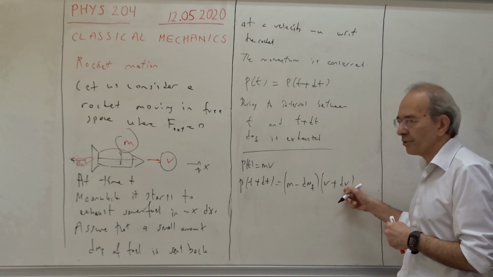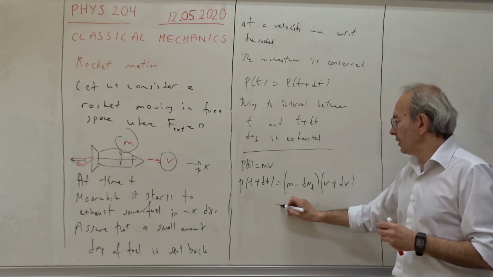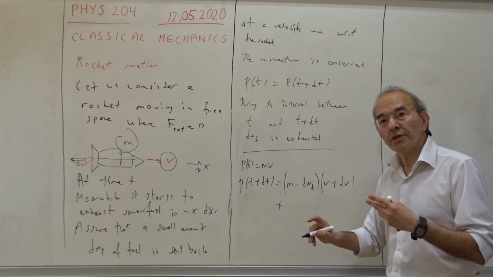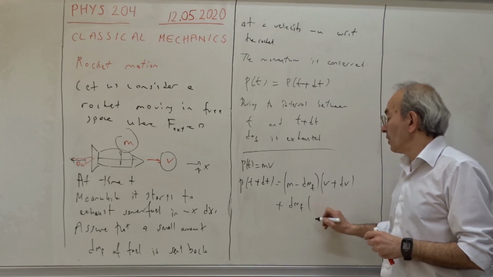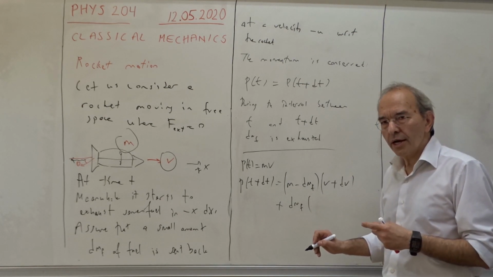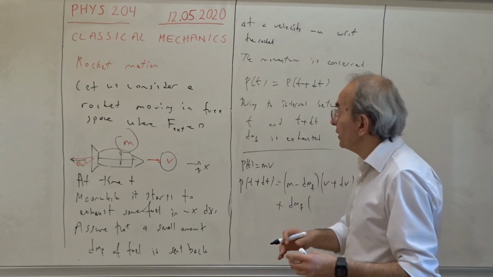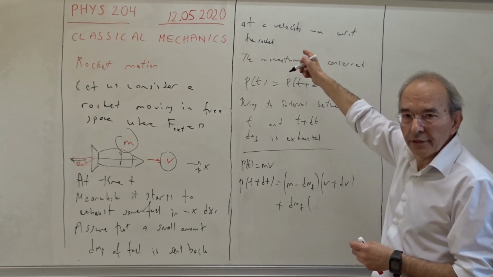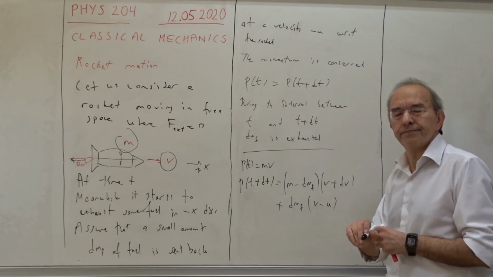We don't know the amount dv, but it is obvious that it will be a bit faster. Plus the contribution from the fuel sent back. What is the mass? It is dmf. What is the velocity of this fuel with respect to the outside inertial observer? It is the velocity of the rocket minus u. So it is v minus u.